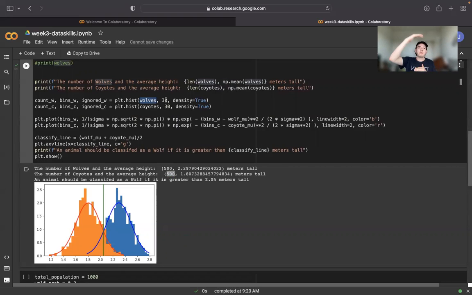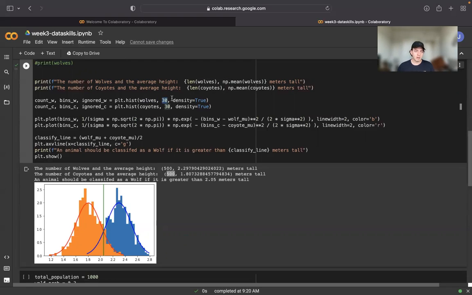The height of the bin is equal to the number of animals in that height range. We're going to do 30 bins. We can change this; it just changes the look of the plot, not too important.